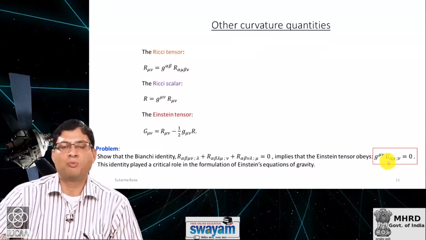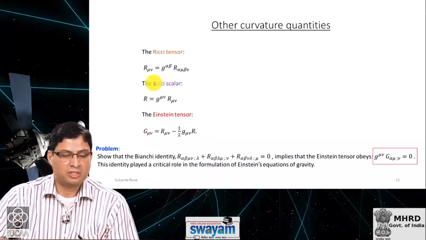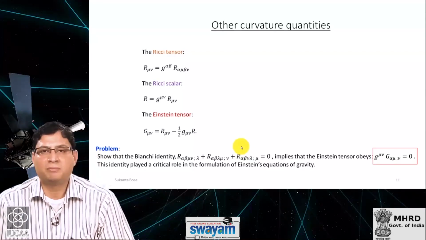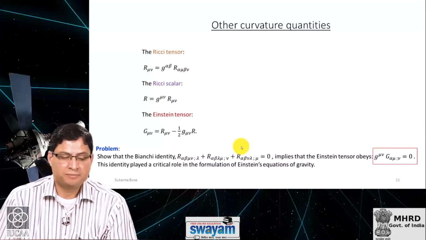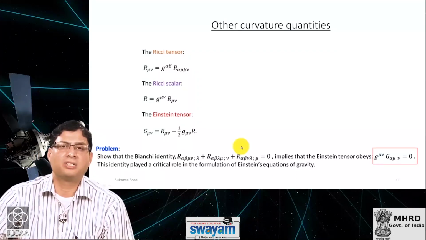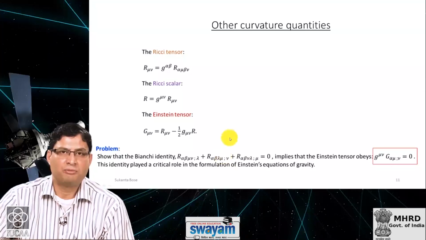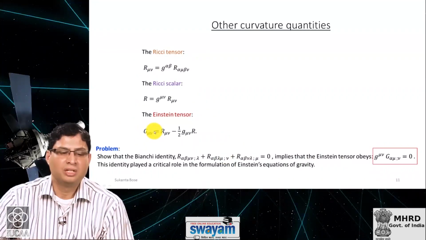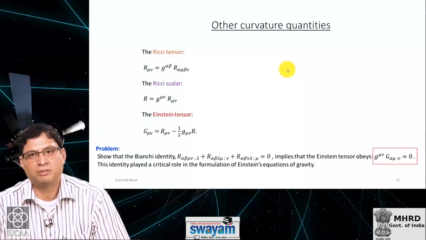Why is this useful? It is useful because if you want to create curvature or a curvature-like quantity such as the Ricci tensor or the Einstein tensor from the stress energy momentum tensor, which is T mu nu, something I mentioned earlier, then because the stress energy momentum of any fluid distribution is expected to be conserved, it automatically means that if you are setting T mu nu to be proportional to R mu nu or G mu nu, then that object also has to have a vanishing covariant derivative.